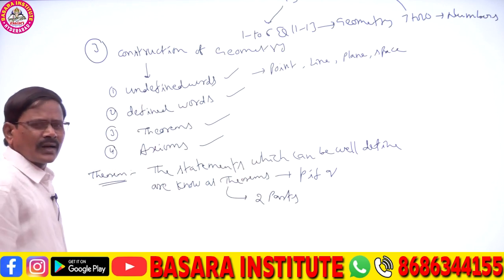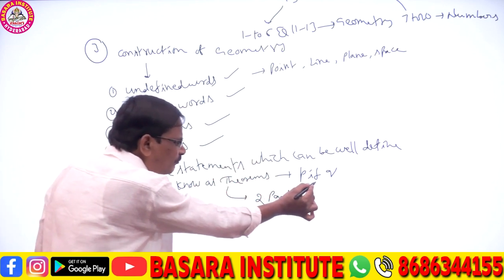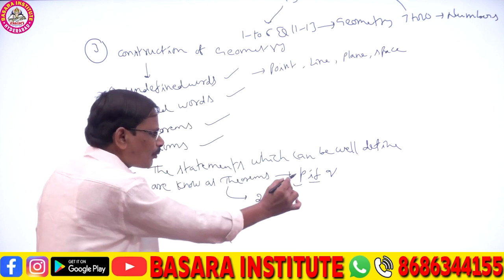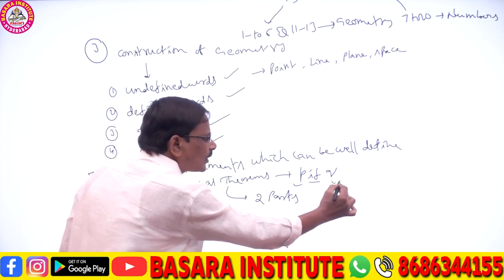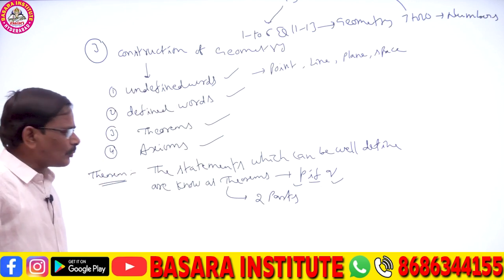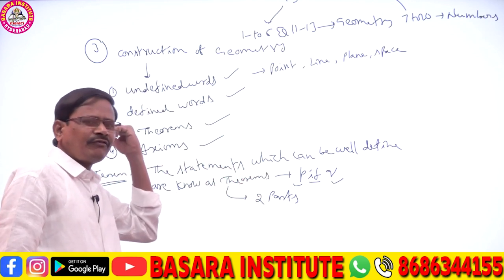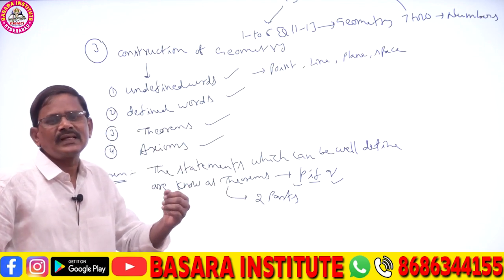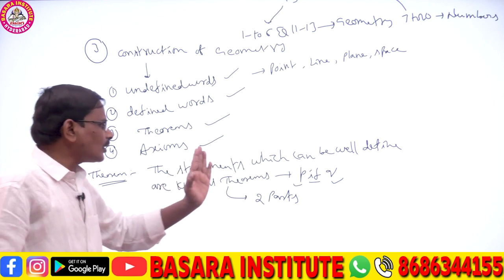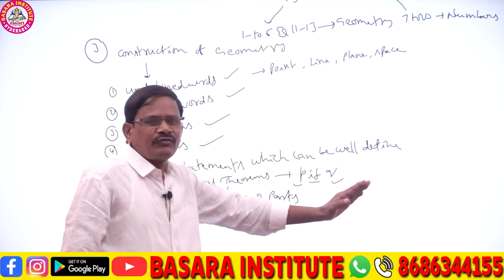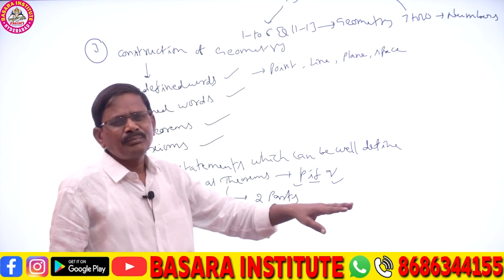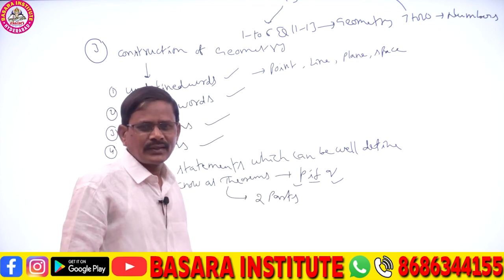What are the two parts? The part of the statement before if, that means P, is known as hypothesis or data. The part of the statement after if is known as abstract or summary, or simply conclusion.